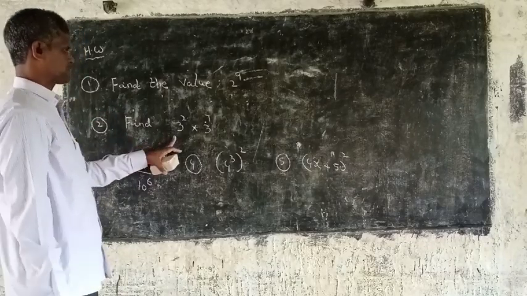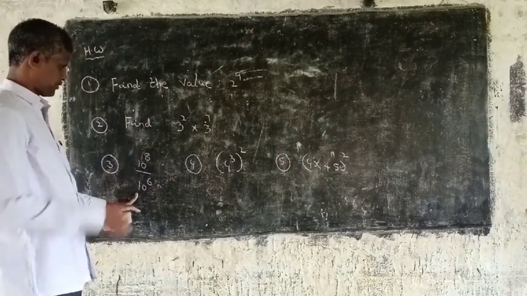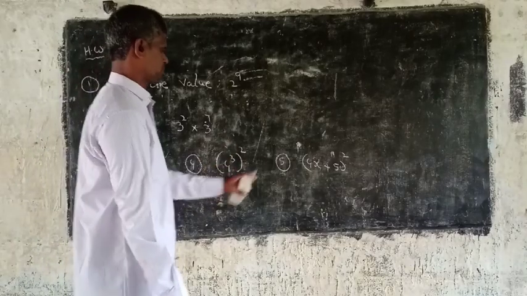Find 3 square into 3 power 7. Third one, 10 power 8 by 10 power 6. Fourth one, 4 cube whole square. Fifth one, explain చేయాలి.